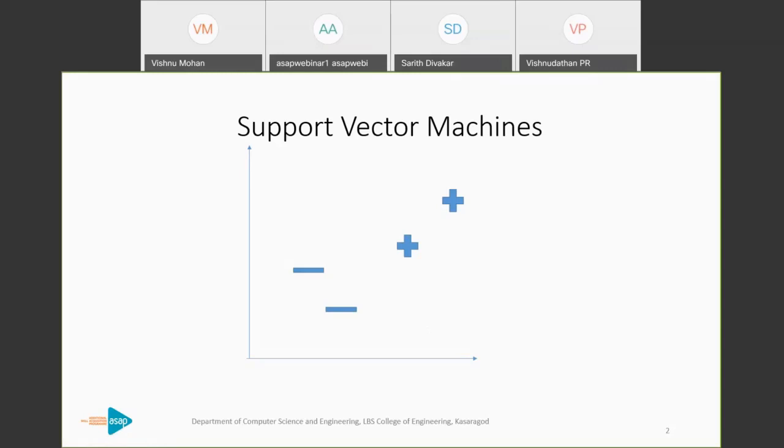Now, what is our aim? Our aim is to divide the vector space with a decision boundary. How will you divide this vector space with a decision boundary, and why? Say you divide it with a decision boundary like this.